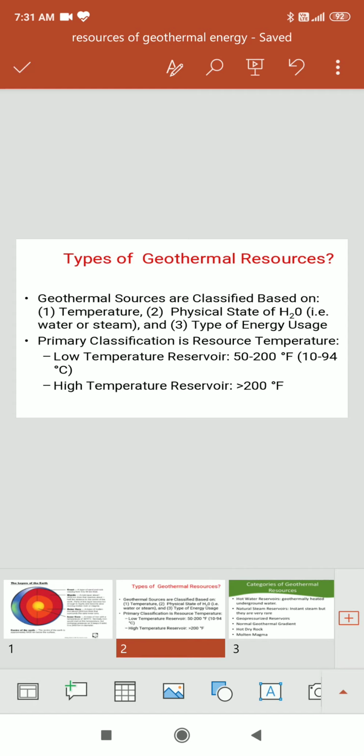So low temperature reservoir is having 50 to 200 degrees Fahrenheit. That means if we convert into degrees, 10 to 94 degrees centigrade. So below the boiling point temperature of water, we observe 10 to 94 degrees is nothing but below the boiling point temperature of the water.